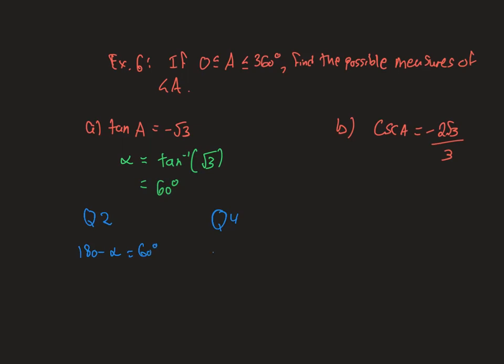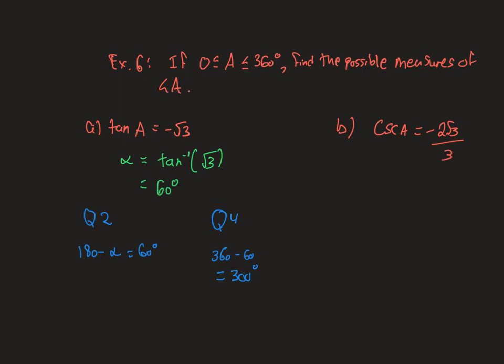If it's quadrant 4, it should be 360 minus 60, which is 300 degrees. Okay? So those are your two possible answers for A. So pause it right now and try to do the same thing for B.